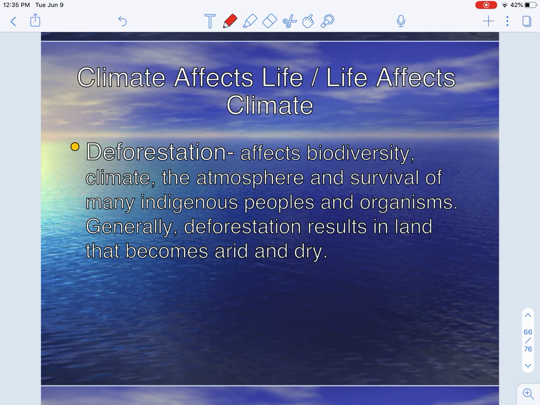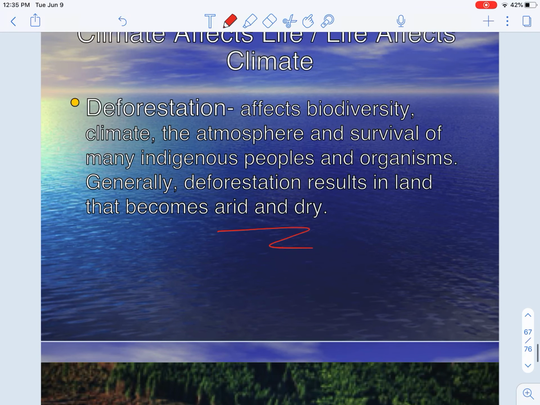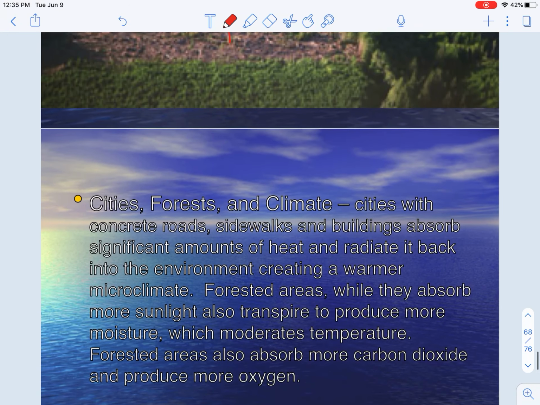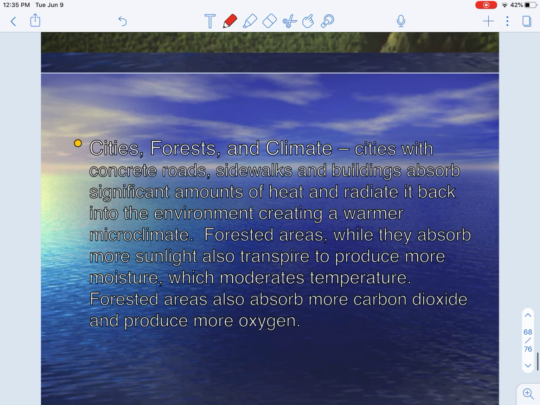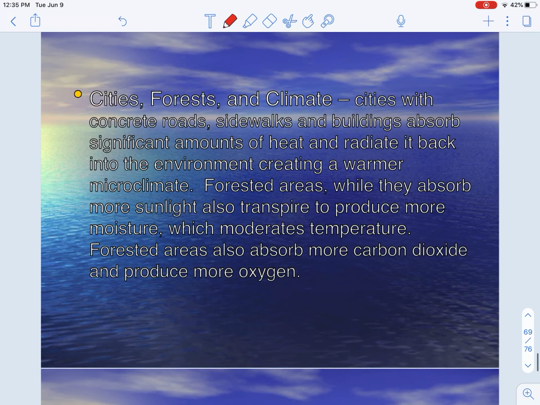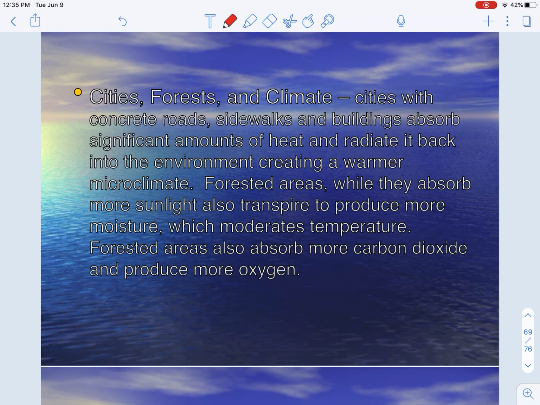So deforestation, another thing that can affect our climate is, when we deforest and don't replant, that's a loss of a lot of homes for organisms and can cause drying out of the land, as it shows in this area.